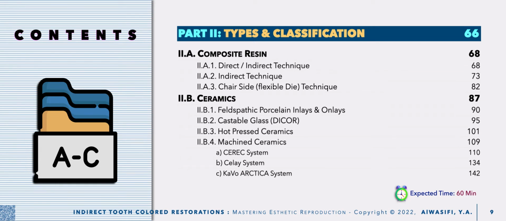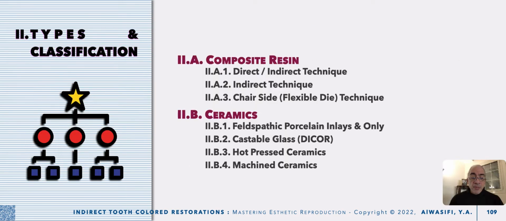For ceramics, either you use feldspathic porcelain inlay and onlays, then to increase the marginal accuracy and get a satisfactory marginal adaptation, we used castable ceramics in a form of castable glass or hot pressed ceramics that used lost wax technique. In this episode, we will go to discuss much more advanced technique, which is the machined ceramics.